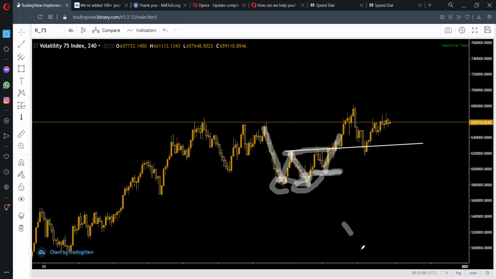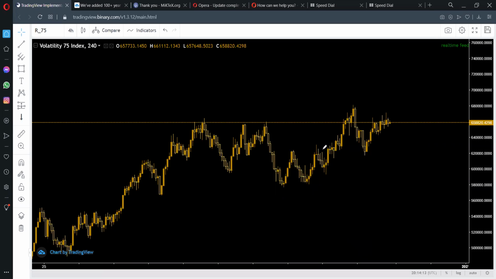You may think that since we have a double bottom, definitely it will break, so let me buy here. You can enter a buy, then the market will reverse on you, going down again. You see where the equilibrium dropped before going up.